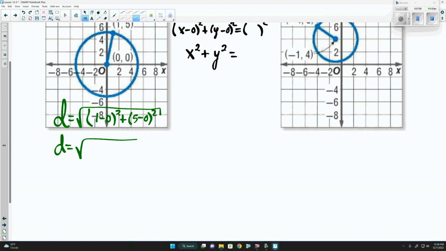Well, 1 minus 0 is just going to be 1 squared. 5 minus 0 is 5 squared. 1 squared is 1. 5 squared is 25, which gets us the square root of 26.